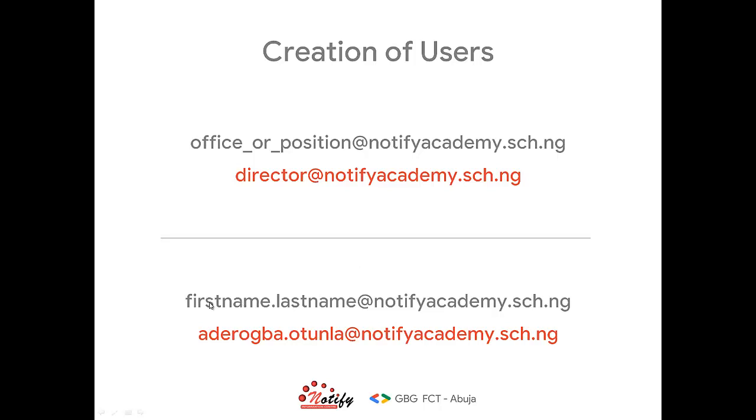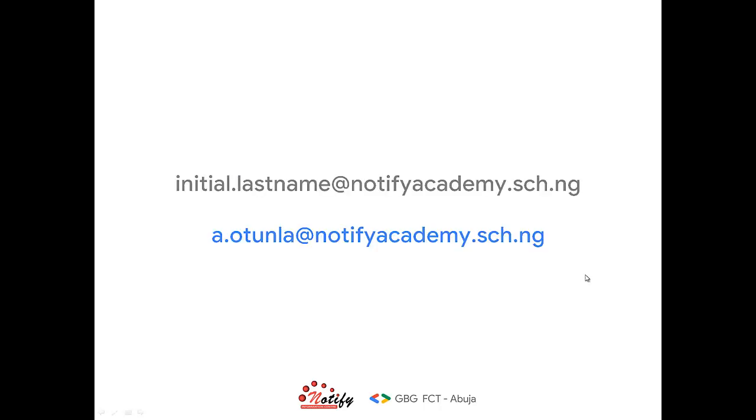You could have the first name and the last name, so everything looks straightforward and consistent. Then you can also use the initial and the last name, because some people have extremely long names, and of course the URL of the school is so long.